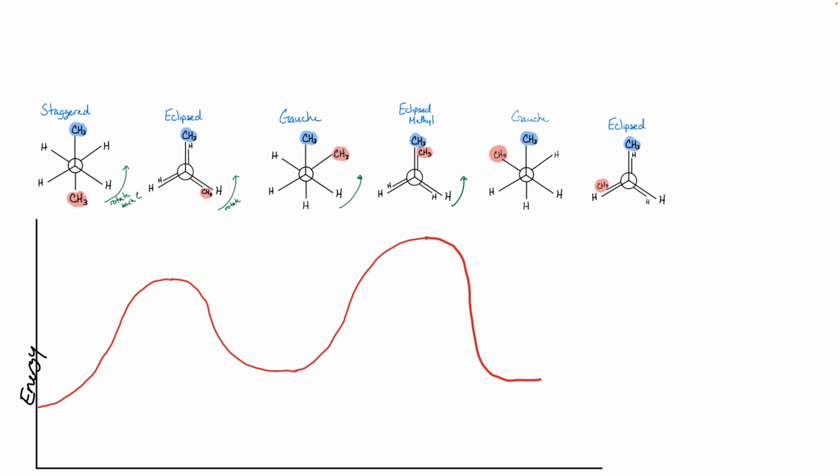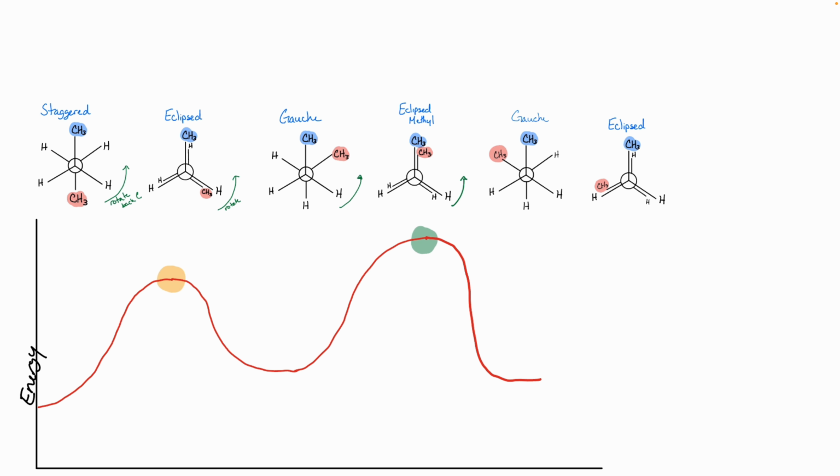Okay, these eclipsed structures were at these maxima here, but one of them was higher than the other one. So let's say this one we'll color in orange, and this one we'll color in green. Where should I go for this next eclipsed structure? Up to the orange level or up to the green level?